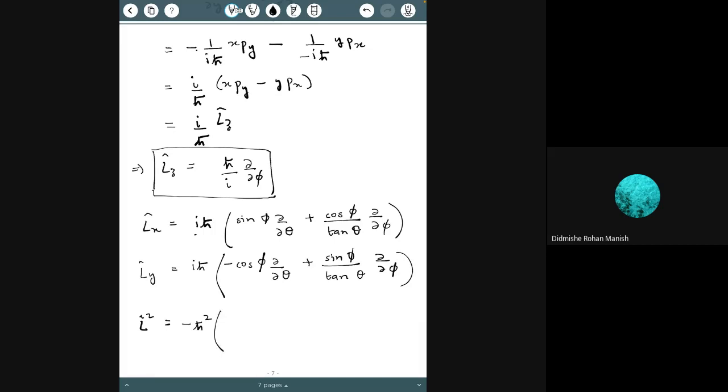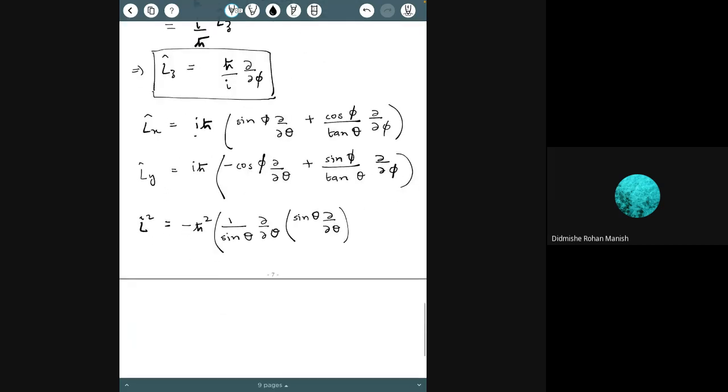Let's write it here for completeness. It's 1 by sin θ ∂/∂θ (sin θ ∂/∂θ), two terms, plus 1 by sin square θ ∂² by ∂φ².